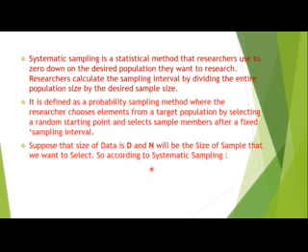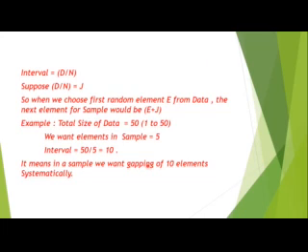According to systematic sampling, the interval is equal to D by N, and suppose D by N is equal to J. When you choose the first random element E from the data, the next element in the sample would be E plus J automatically. For example, the total size of data is 50, and you want 5 elements in the sample. Then the interval is 50 by 5, which is 10. That is simple. It means in the sample we want a gap of 10 elements systematically.